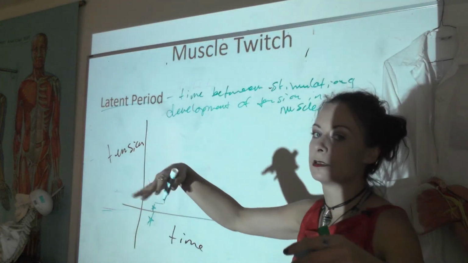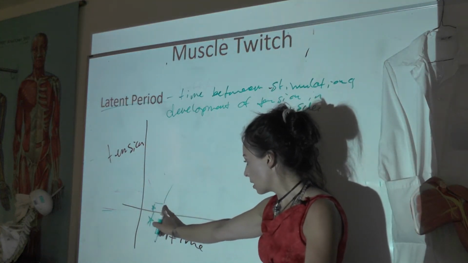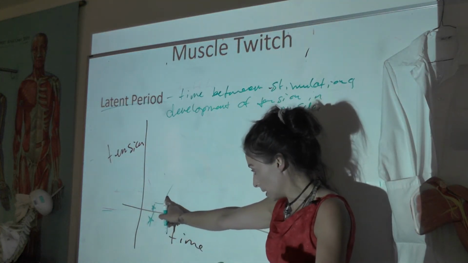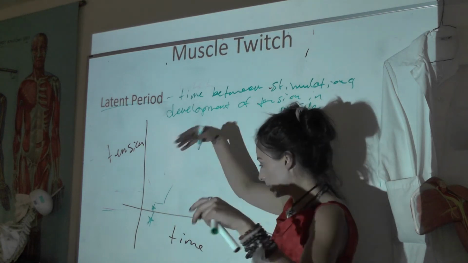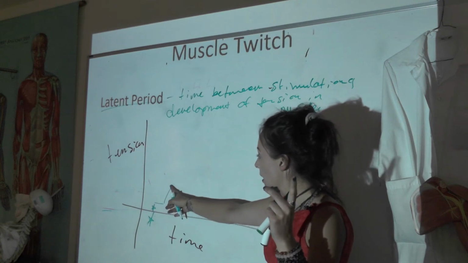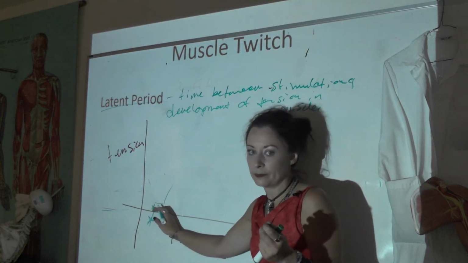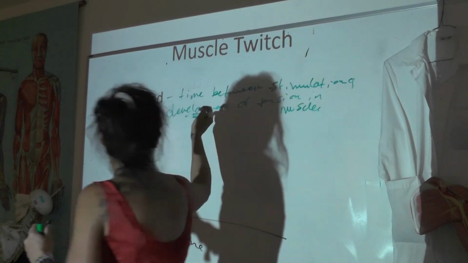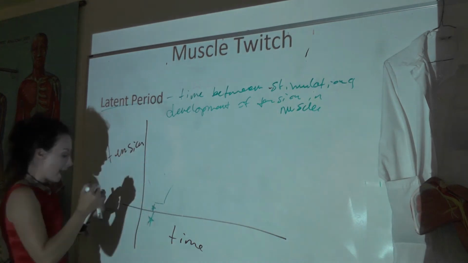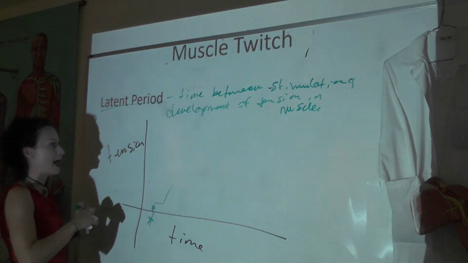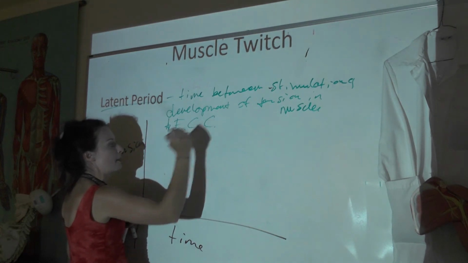My calcium is entering my sarcoplasm, and as it starts binding to my troponin and moving the inhibitory regulation of those proteins, then I will start to see the development of tension. Before that happens, I see no tension. This is the latent period, the time between stimulation and the development of tension in a muscle, and physiologically the events happening are excitation-contraction coupling.